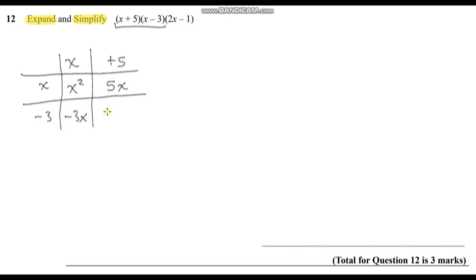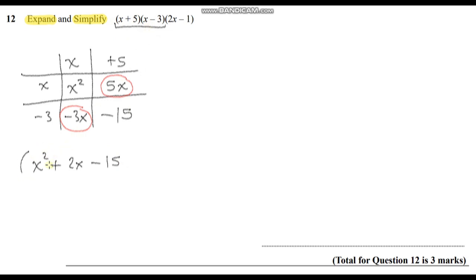And negative 3 times 5 is negative 15. And we can simplify. We've got a 5x and a negative 3x, which will give us 2x. So we're left with x squared plus 2x minus 15. This expression here is the result when we multiply these two brackets.